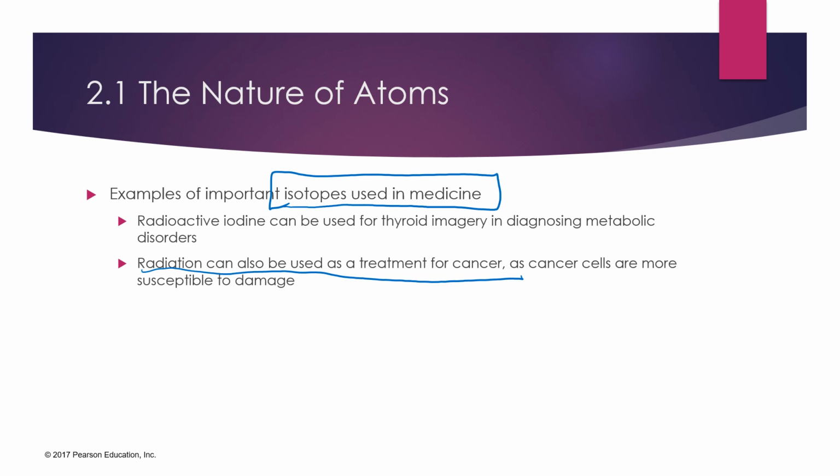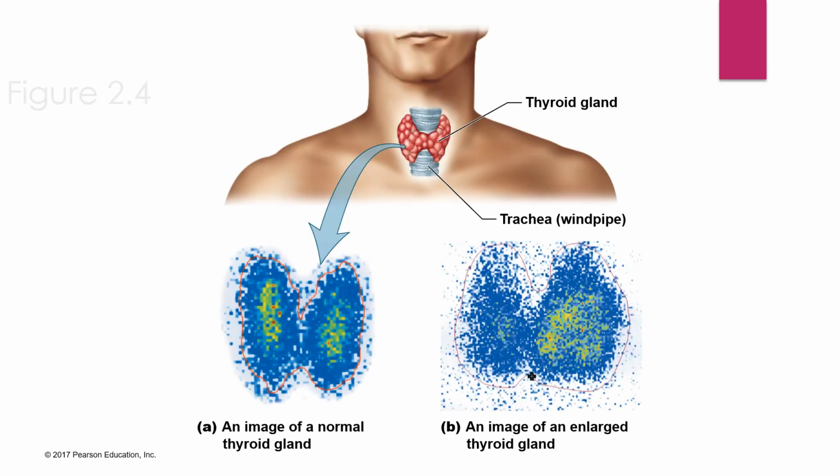They also can be used for imaging because it's easy to detect the radioactivity. One method is to use radioactive iodine for diagnosing thyroid disorders. And radioactive iodine disintegrates pretty quickly, so you're not exposed to the radiation for a long period of time.